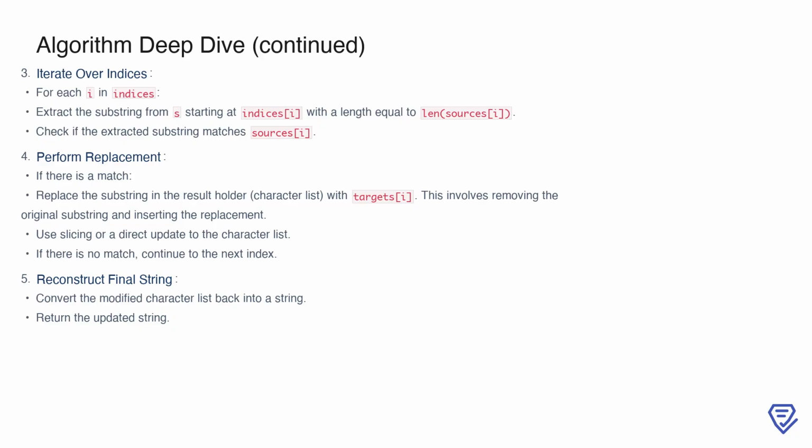This can be achieved using slicing or directly updating the character list. If there is no match, we simply move on to the next index without making any changes. Once all replacements are processed, we reconstruct the final string by converting the modified character list back into a string. Finally, we return this updated string as the output of the algorithm.